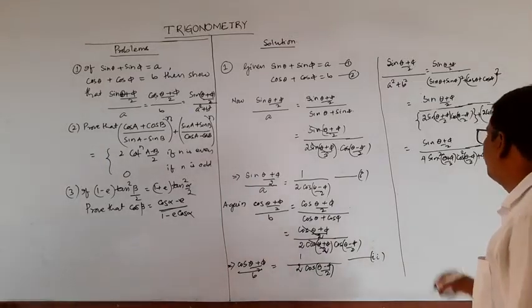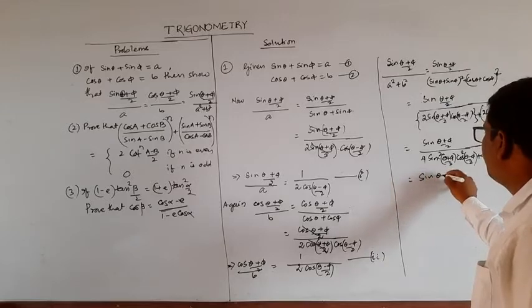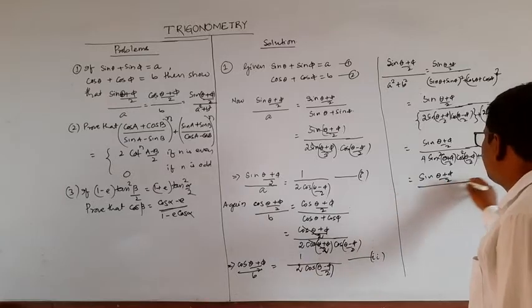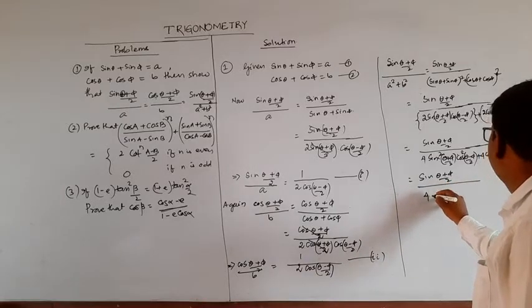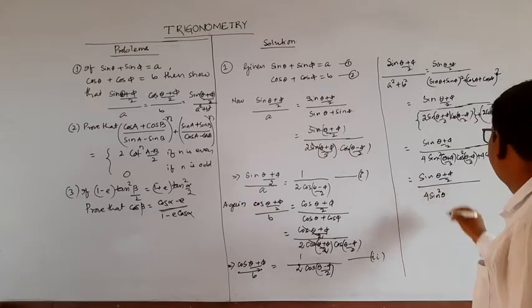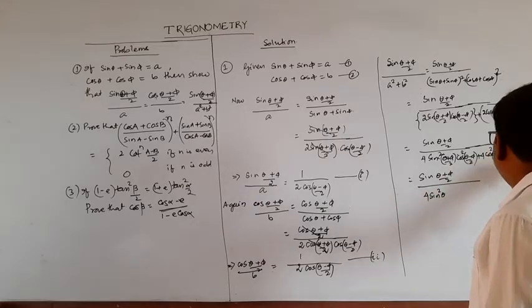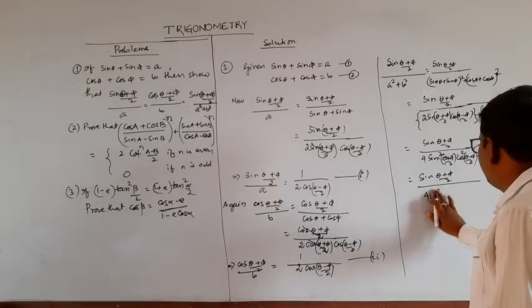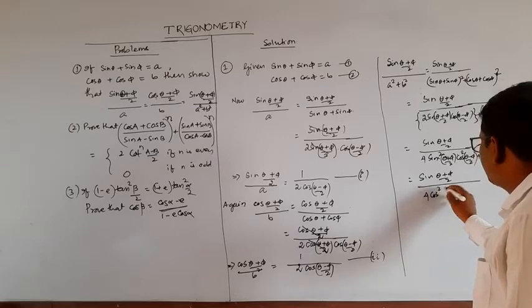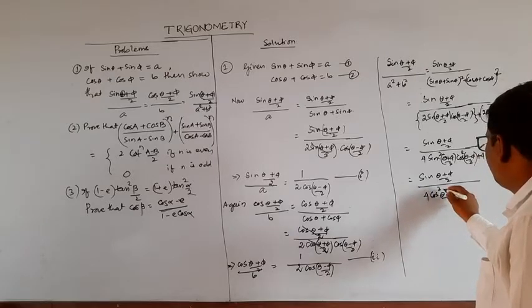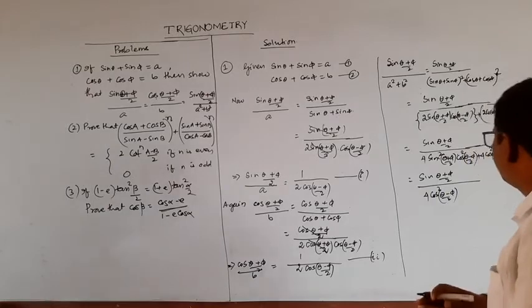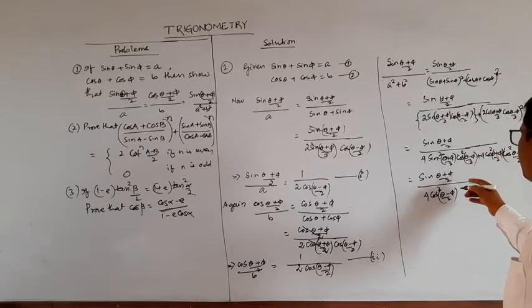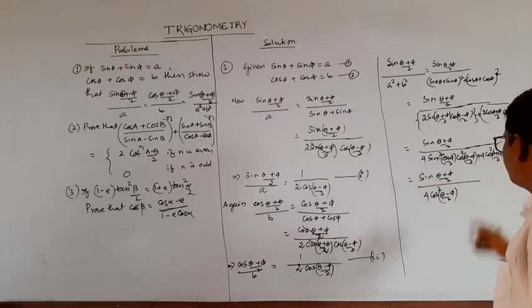So sin((theta plus phi) by 2) divided by, take common 4 cos square((theta minus phi) by 2) into sin square plus cos square, and this will be 1.